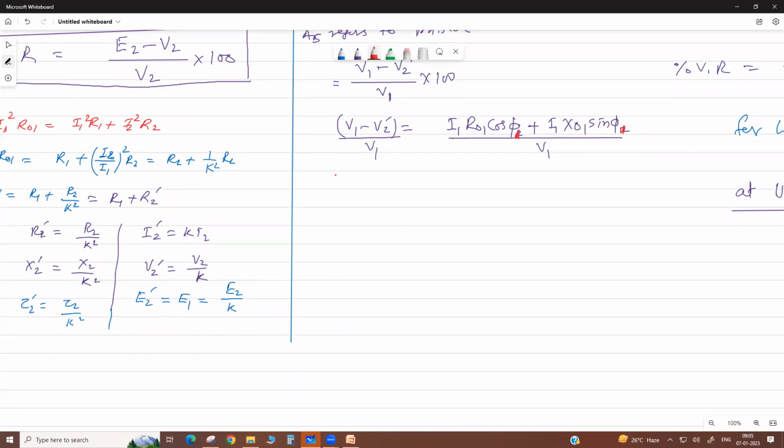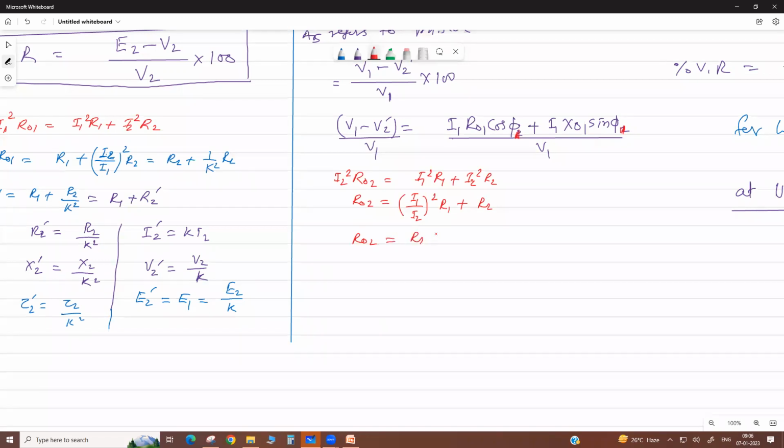Here you can apply the total copper loss as referred to the secondary side. If we take the secondary current, total resistance: it is I1 square R1 plus I2 square R2. Then R02 equals I1 by I2 whole square R1 plus R2 only. R02 is the total equivalent resistance as referred to the secondary side.